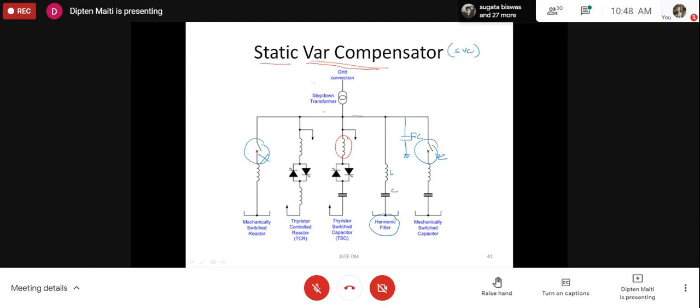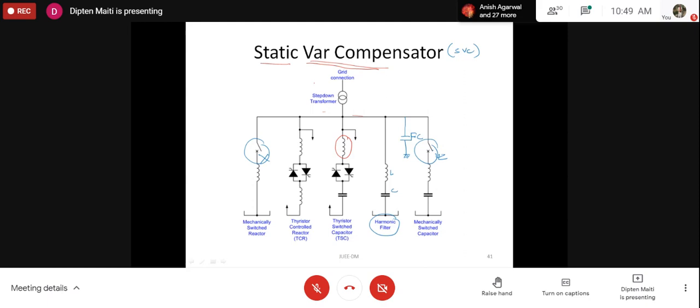Nowadays, with the presence of microcontrollers, and not only that, actually you don't require that. By using analog circuits, we can do that. That's not very difficult. Using that, we can control the thyristors such that a number of capacitors can be connected to or removed from the circuit depending upon the requirement of the reactive power to be supplied.